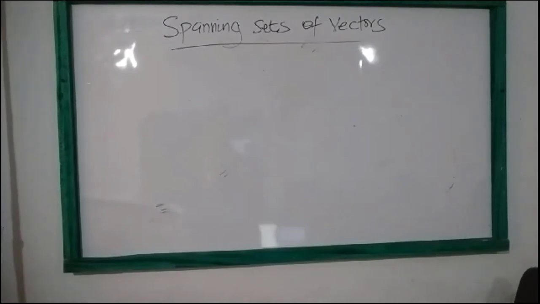We are looking at spanning sets of vectors. I think during the previous meeting, the definition for spanning sets was given. We said that if you are able to express some set of vectors as a linear combination of another vector, then we say that those set of vectors spans the vector that is given.